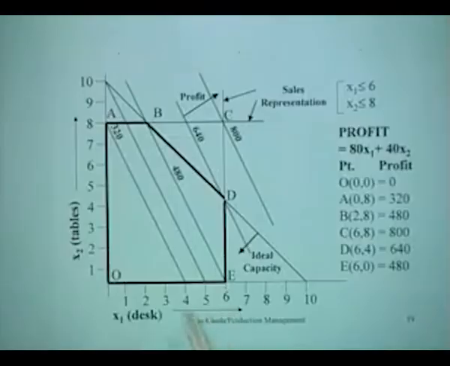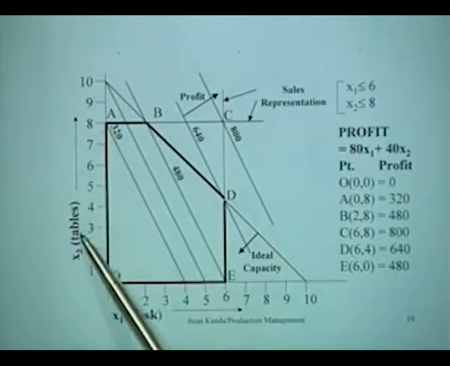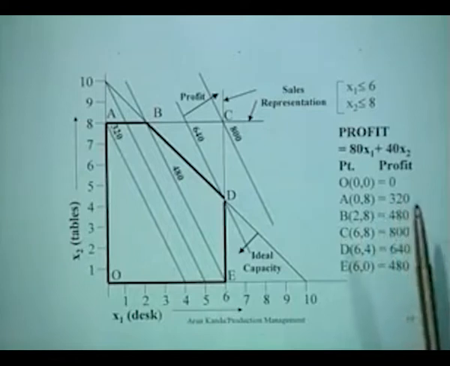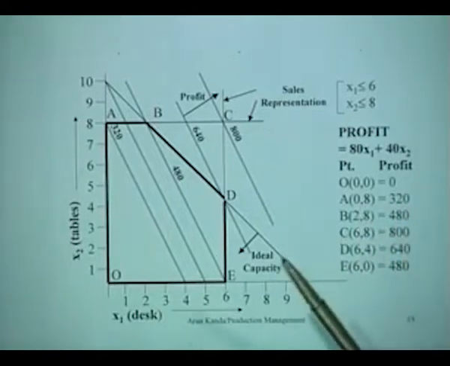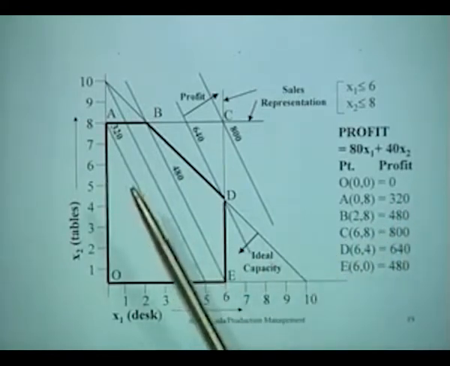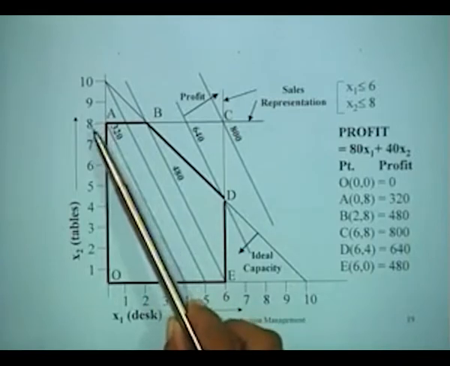So if you want to work with these priorities, incidentally, you can solve this problem graphically. On the x axis we have the number of desks, which is x1, and on the y axis the number of tables, which is x2. The total sales capacity for tables is this line.